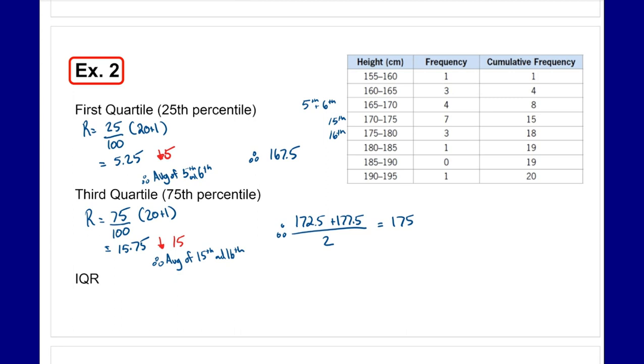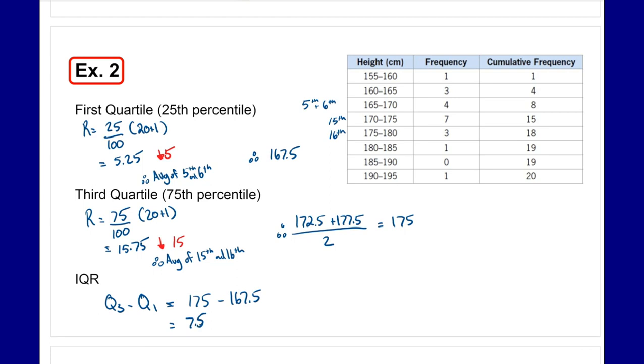To then find our IQR, our interquartile range, we take our Q3 minus our Q1, which we found. So 175 minus 167.5 equals 7.5. That means that our IQR, that middle 50%, has a range of 7.5 centimeters.